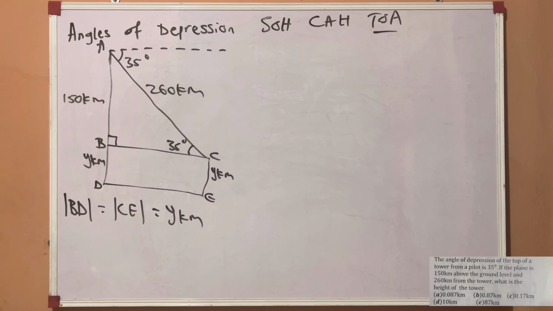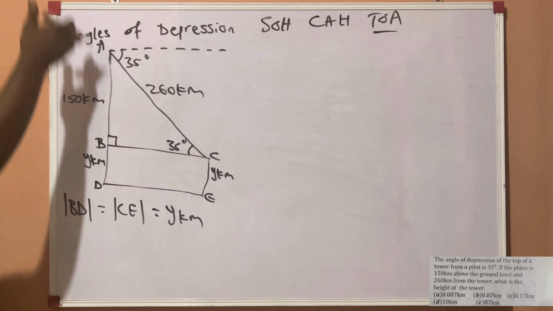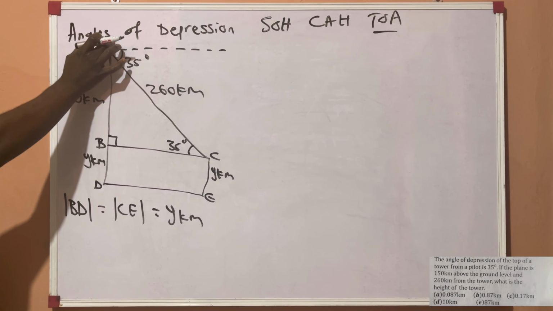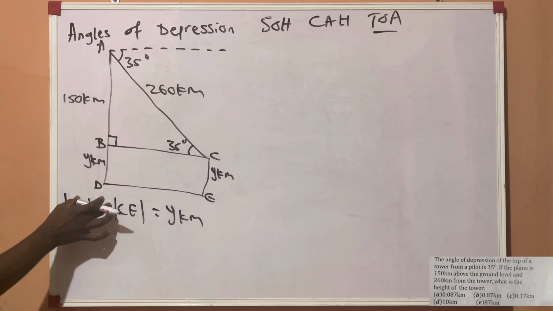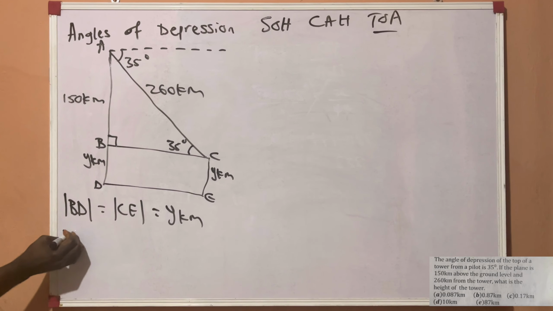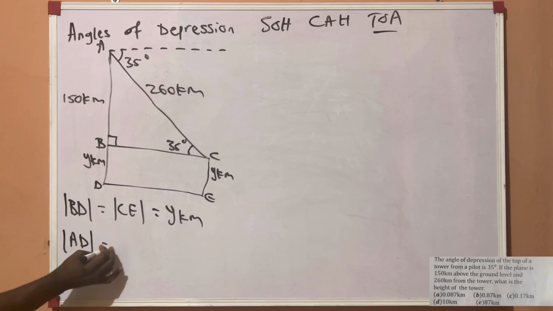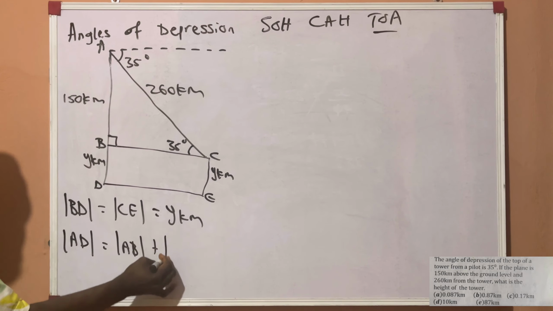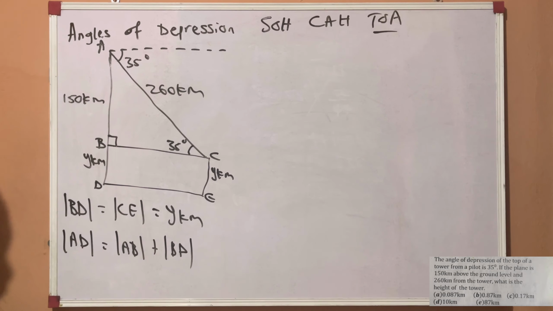Line AD is the total distance from the pilot to the ground level. Line AD is equal to line AB plus line BD. Are you with me?